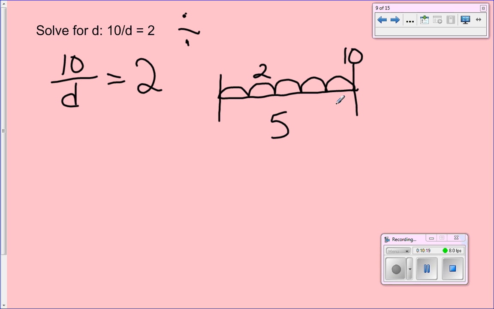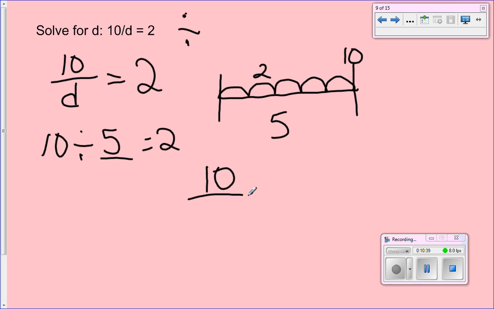If we were to use guess and check, this one's such a recall fact that it's kind of difficult to do that. But you would just start setting up 10 divided by some number to try to figure out what would give you 2. And we know this one is a recall fact of 5. To use my same canceling strategy that I've used before, here I've got 10 divided by d equaling 2.